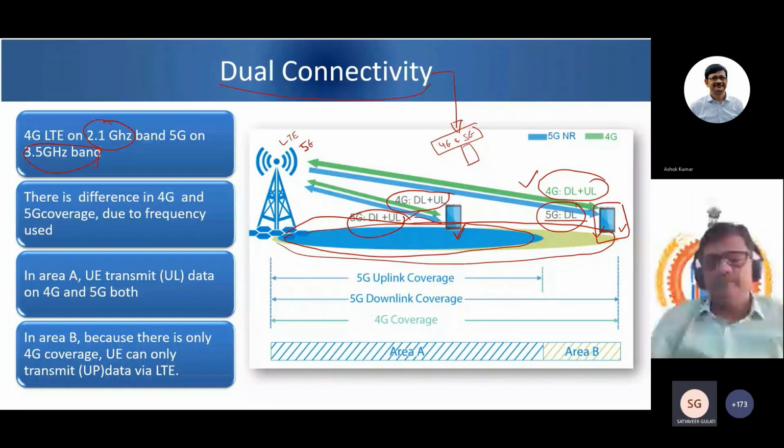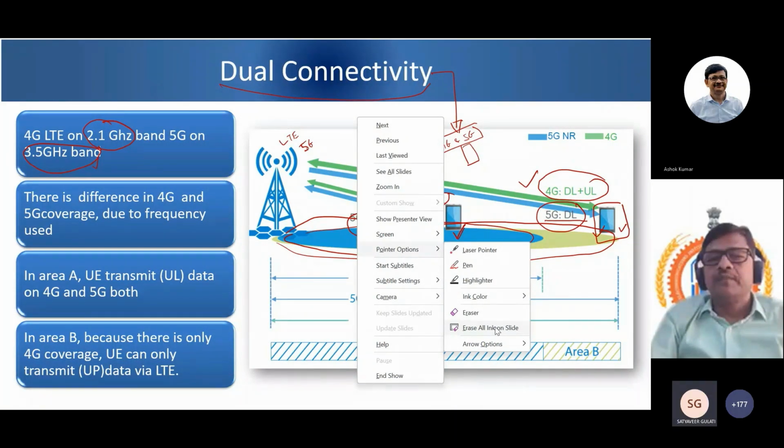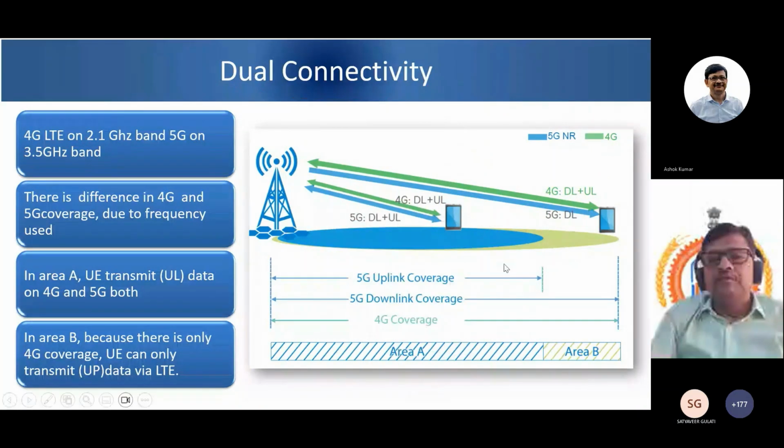Yes, sir. Question is that if you are showing this 4G and 5G on the same tower, if the 4G and 5G are coming from different towers, will carrier aggregation be done? Yes. Basically, it is a concept of dual connectivity wherein the 4G eNodeB and 5G gNodeB are connected on the Xn interface, and they are coordinating with each other.